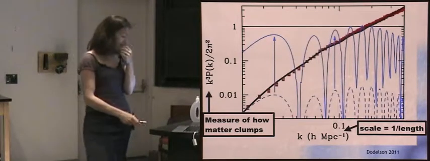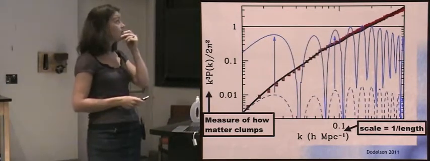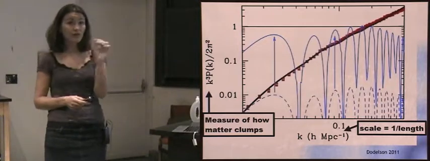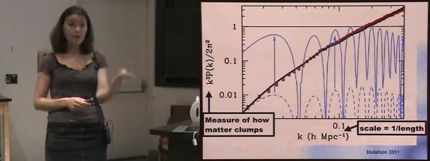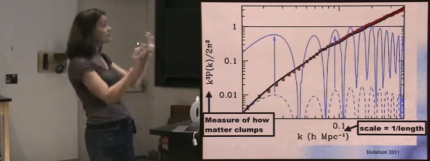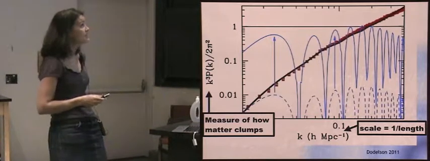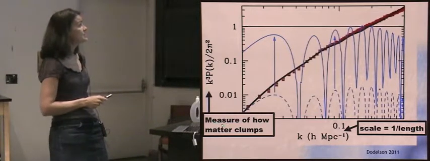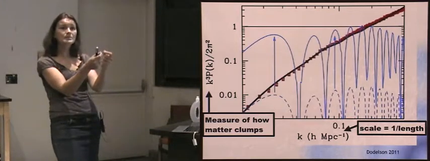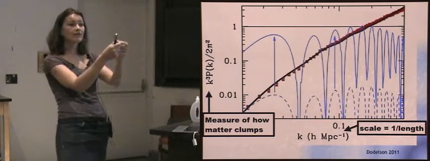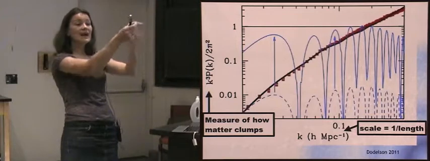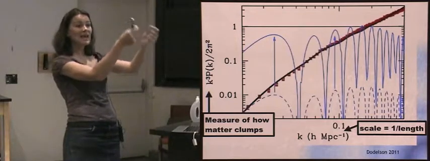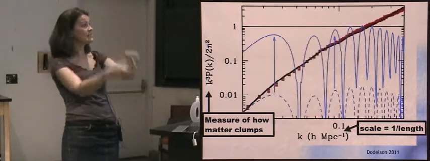So this plot here is showing an example of how badly the theory of modified gravity does to explain dark matter observations. This is a bit of a complicated plot, but we'll take it slowly. The y-axis here is basically measuring how matter clumps. All you're doing is going out there and looking at the distance of galaxies to one another, and counting the number of galaxies at different distances.